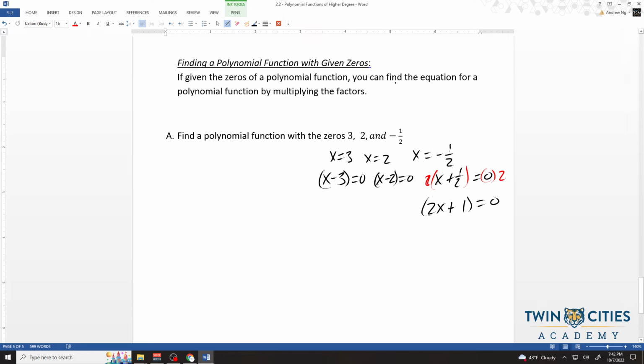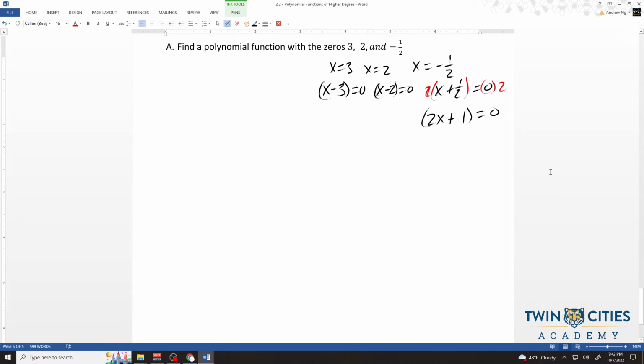And it says here, if I can multiply my factors together, I will get the function itself. So what that's asking me to do is take x minus 3, multiply that to x minus 2, take that and multiply that to 2x plus 1.